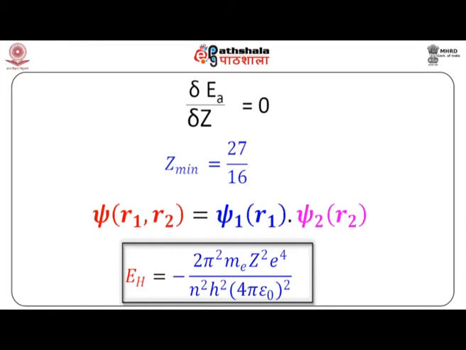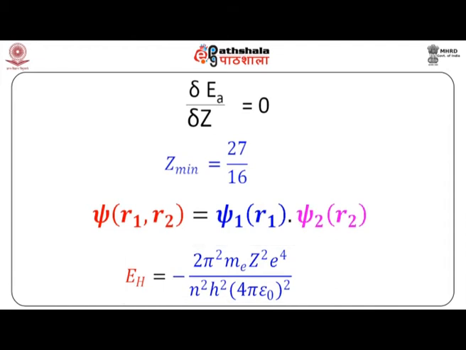Eh is equal to, in numerator, minus 2 pi square m z square e to the power 4, where e is the charge, upon, in denominator, n square h square into 4 pi epsilon naught whole square.